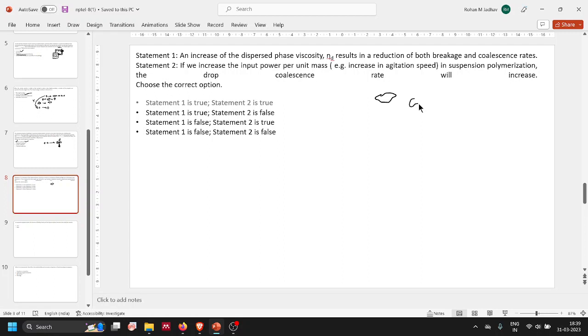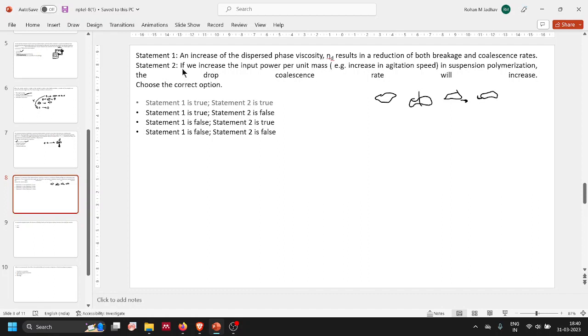But if you have two droplets like this with very high dispersed phase viscosity, this high viscosity will also prevent coalescence. Since the viscosity is high enough, they won't be moving towards each other that effectively. Because of that, both breakage and coalescence rates are hindered as dispersed phase viscosity is high. So the first statement is true.